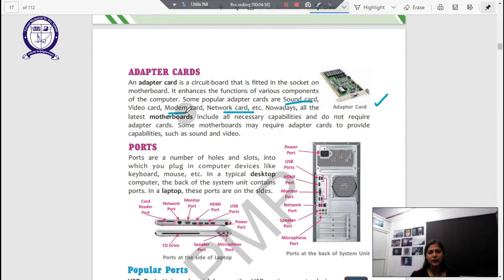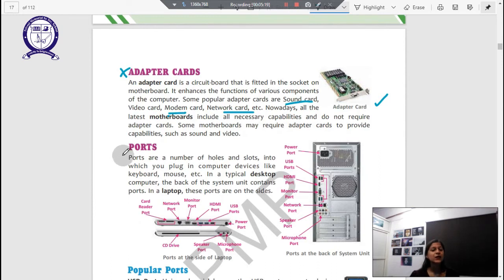We have a modem card. What that does is it allows us to connect to the internet. But quite recently, motherboards are generally including all these facilities, and we do not need adapter cards anymore.